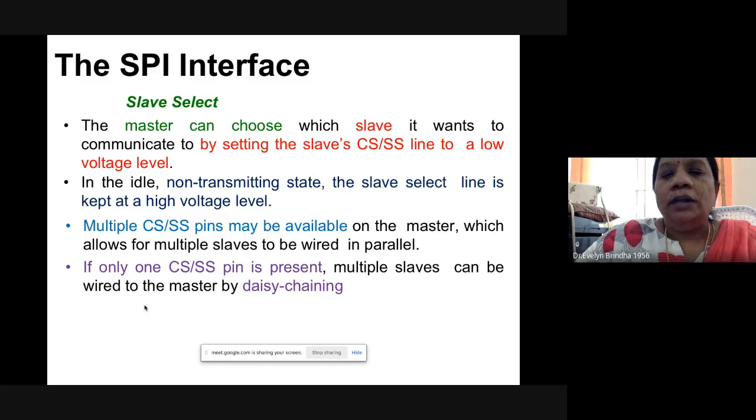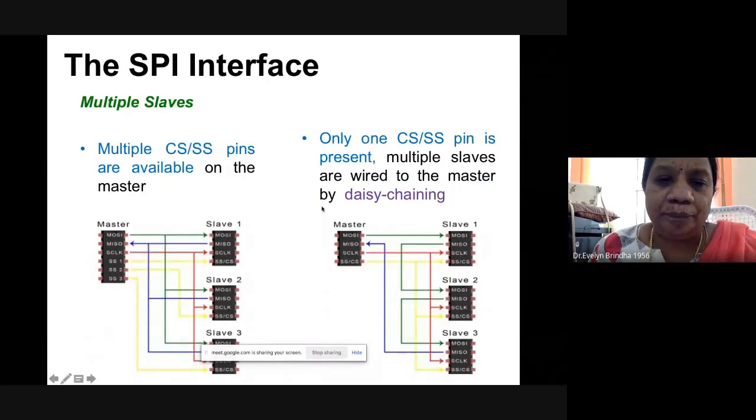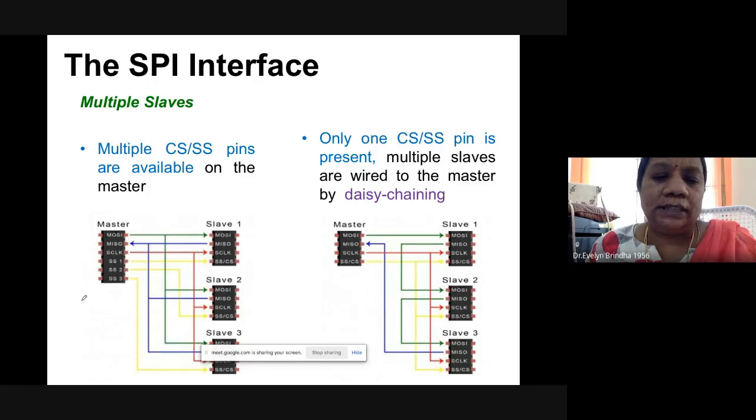Now, there are 2 ways of connecting your slave from the master. One is you have your master. In your master itself, how many slave select pins are here? Just look at this diagram and tell me how many SS pins there are. SS1, SS2, SS3.